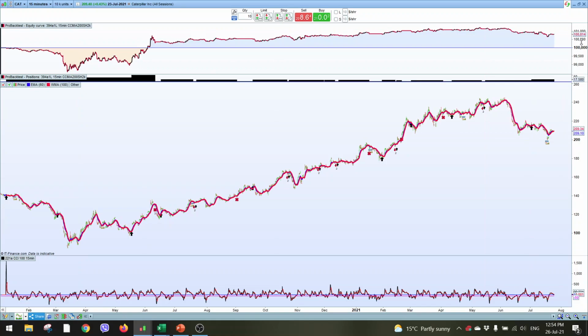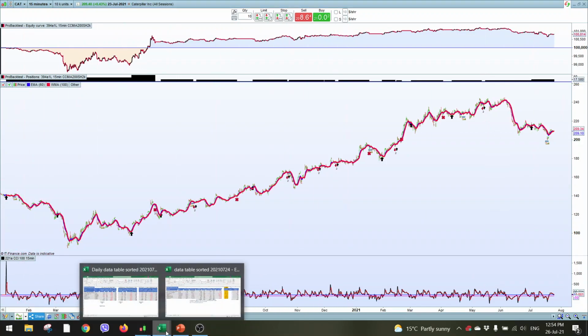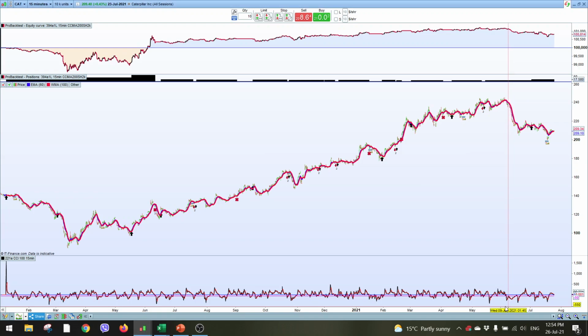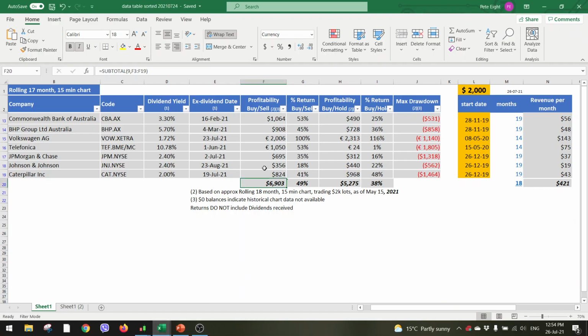Caterpillar has generated $814 of revenue over roughly the 18-month period. Just to show you back here, 814, and this is the original 15-minute data table. So again, Caterpillar has generated 824 for 15 minutes.